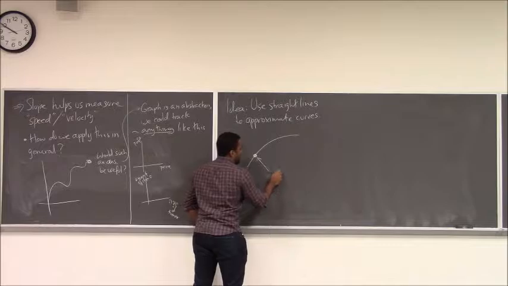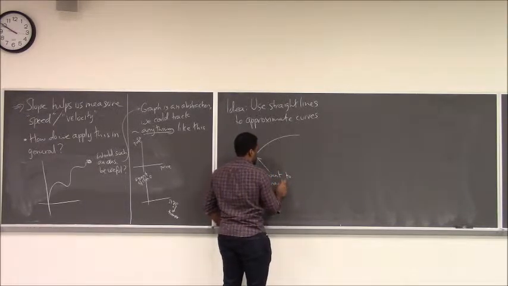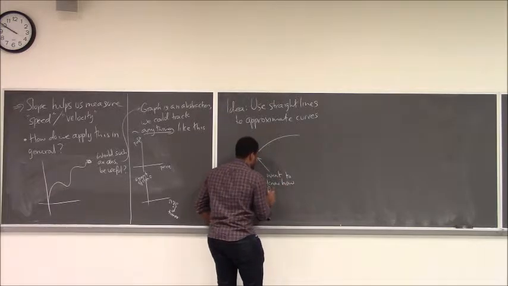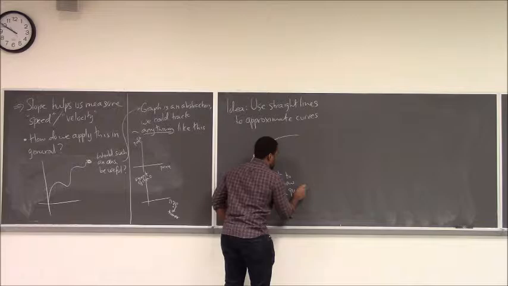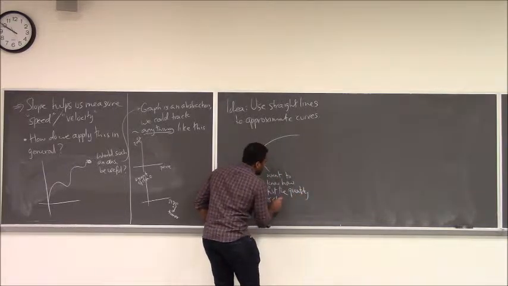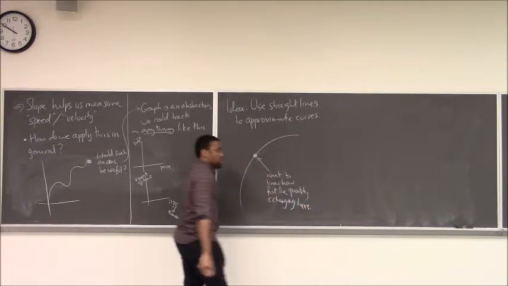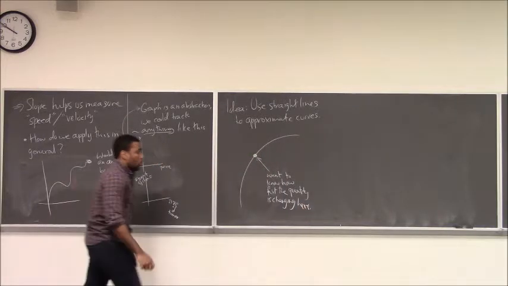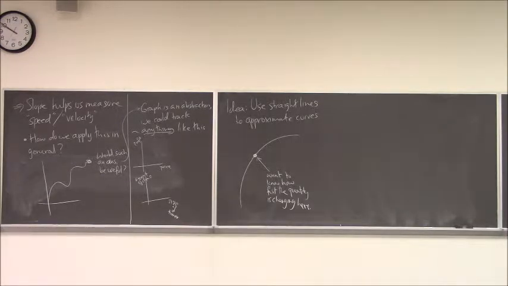Want to know how fast the object is moving at this point. Now, in general, that's pretty difficult. But what if somehow we could draw a line at that point that would approximate the curve?